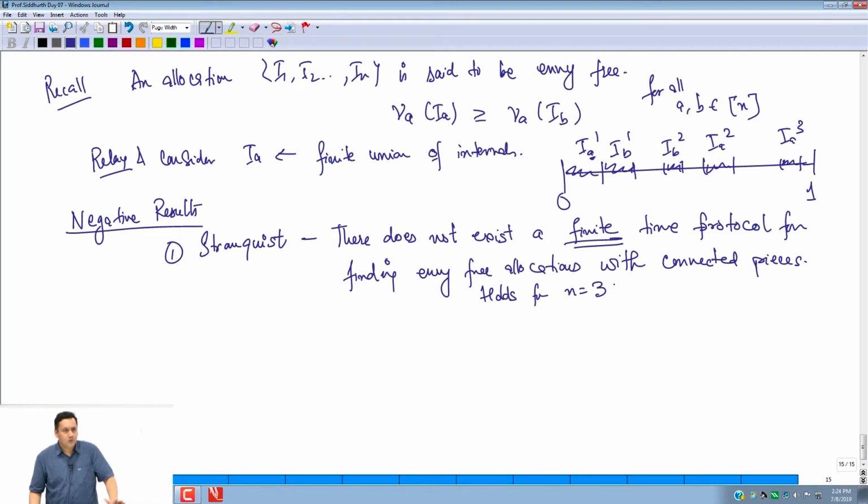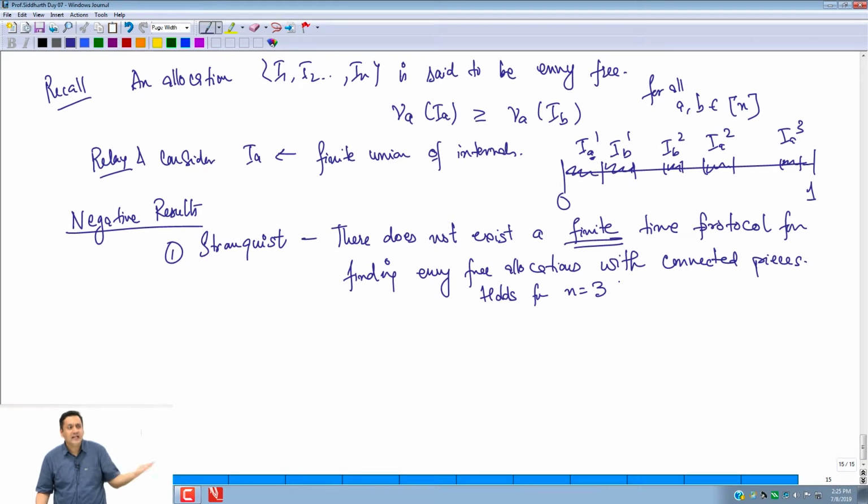So can I expect to strengthen this result for n equal to 2? Can I work hard and achieve such a negative result for 2 agents? No. Why? The cut and choose protocol does it for me. Like for 2 agents, the first thing we saw was envy-free for 2 agents.